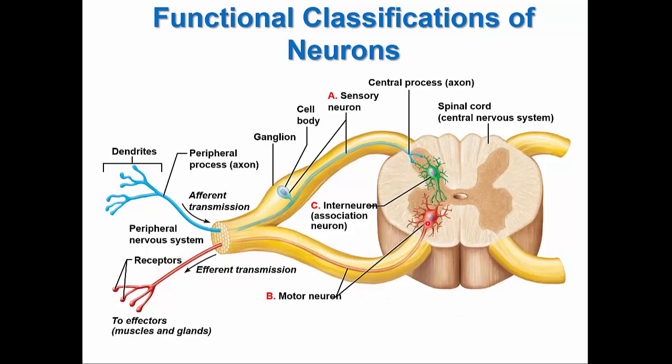So, your central nervous system communicating with organs in your body or effectors, that's going to deal with motor neurons. Then you have interneurons, also known as association neurons. And this allows for information to be coordinated between incoming and then outgoing information.